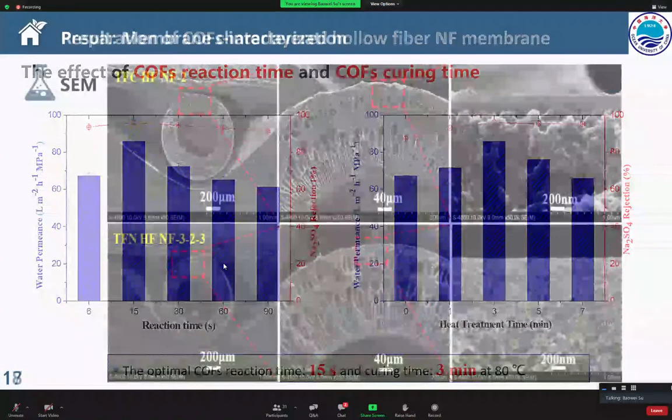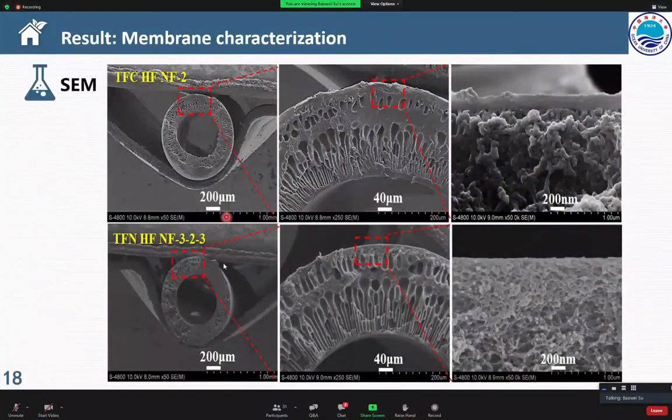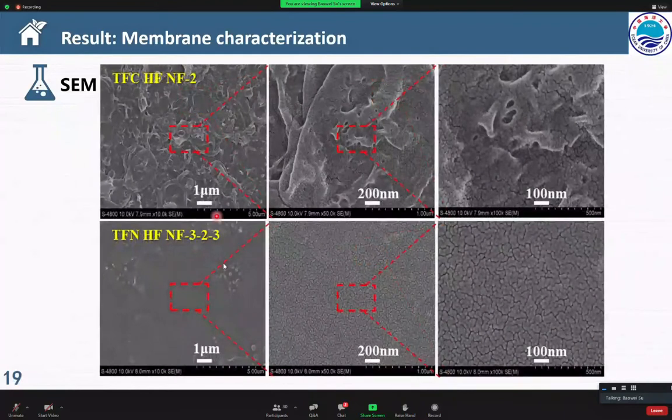And this is the cross-sectional image of the TFC and TFN membrane. We can see from the very top that the TFN membrane is rather smoother. This is the surface. We can also see the much smoother surface of TFN than TFC.